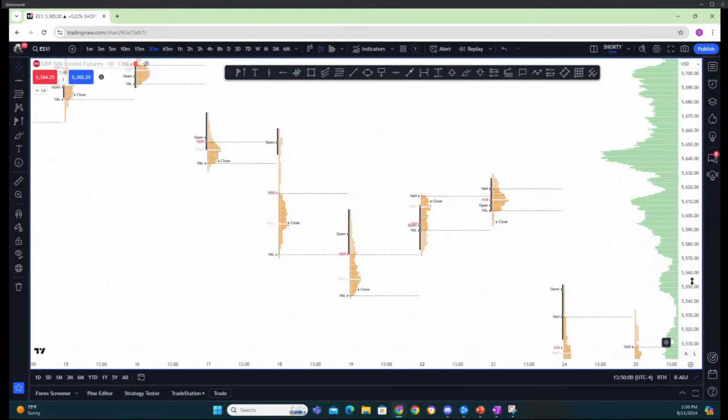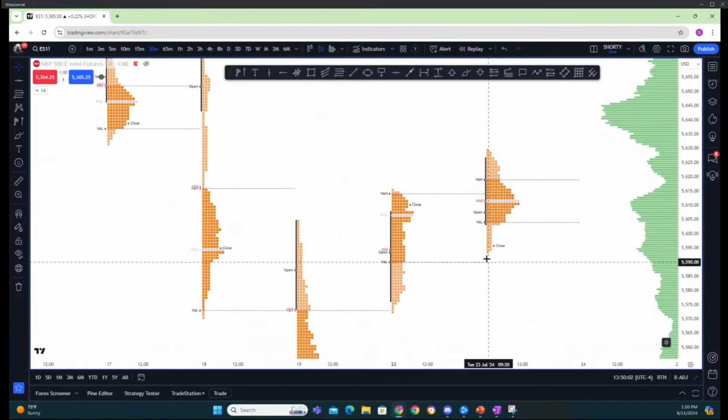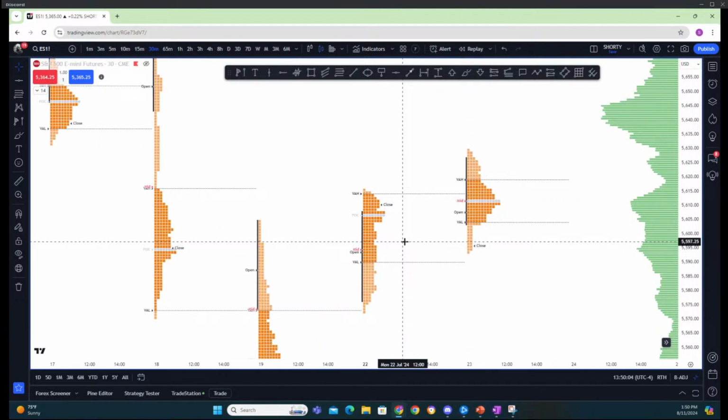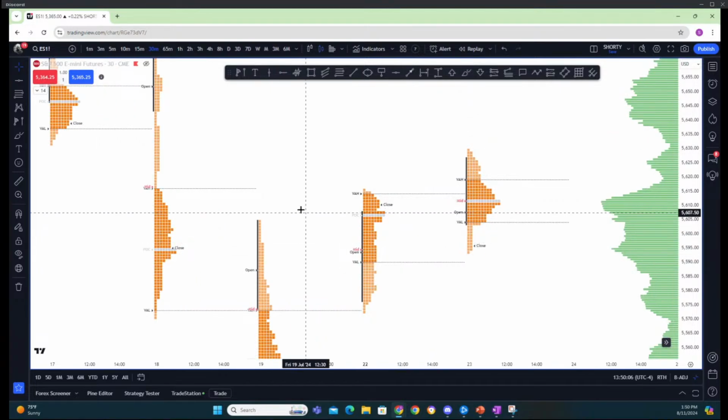Okay, there's one here. Not the best one. And typically you want more than 3 TPOs in the distribution, just something to keep in mind.